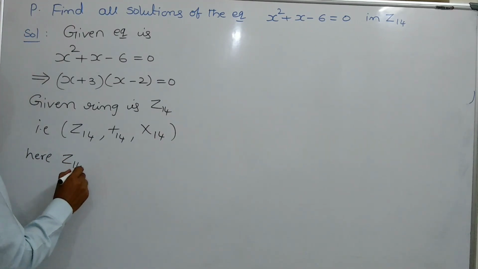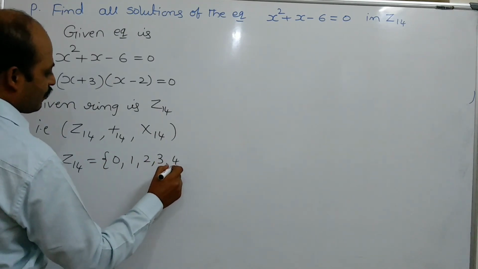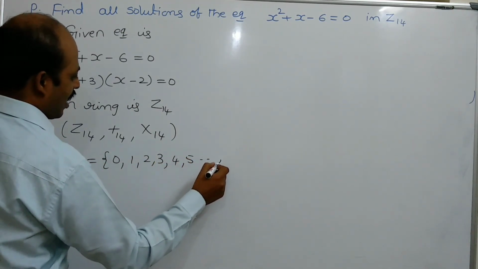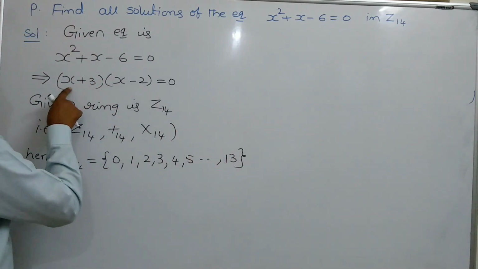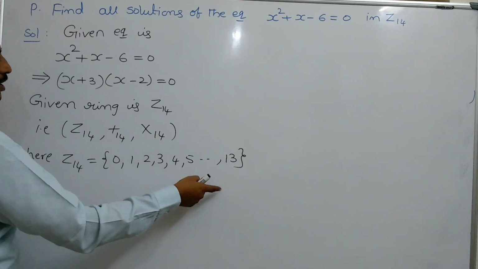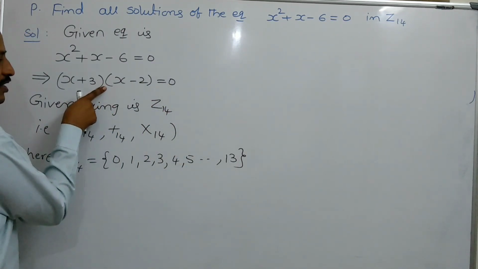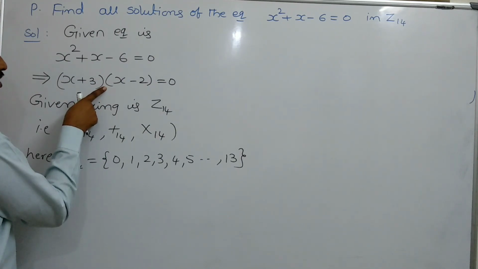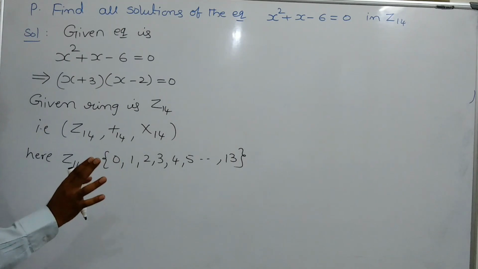Here Z14 is equal to 0, 1, 2, 3, 4, 5 and so on up to 13. You have to verify. Replace x by these elements. You must get 0. But multiplication is the operation. It is very clear 2 is a root.